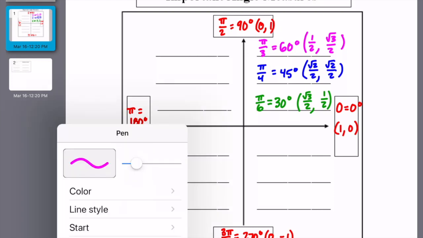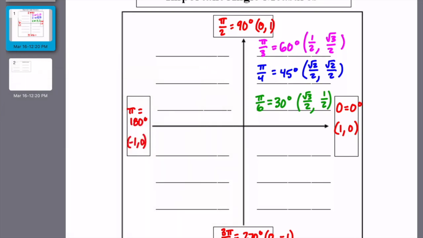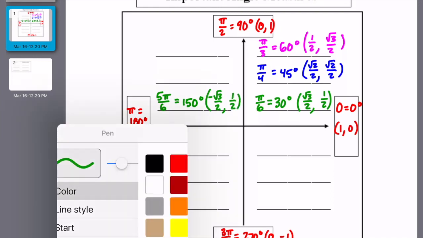Let's look at our next multiple of pi over 6, which is 5 pi over 6, the same as 150 degrees. It's still going to be √3 over 2, but now the x value is negative, and the y value is still +1/2.